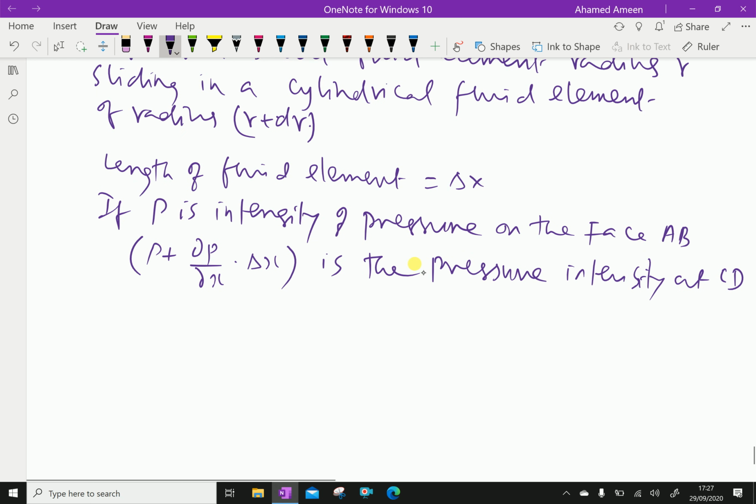The pressure force is P into pi r squared on face AB.